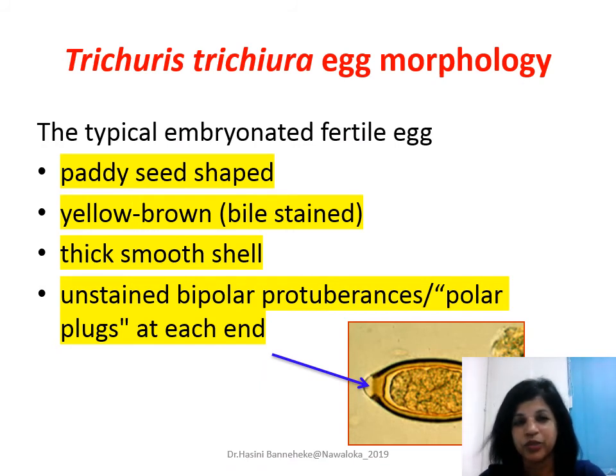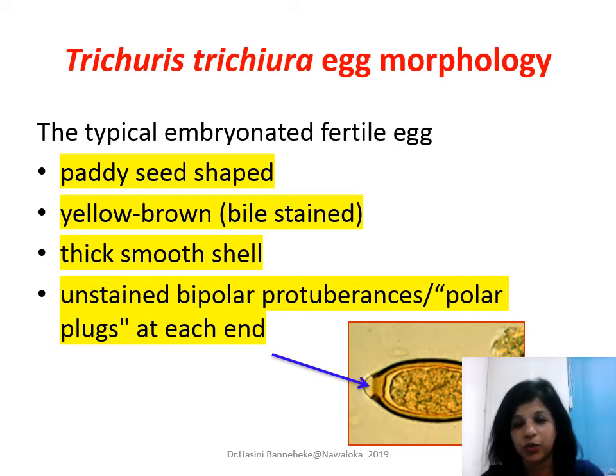So what I showed you was Trichuris trichiura egg, and you could see the paddy seed shaped egg, which was yellow brown because it's bile stained, and it has a thick wall. You could see that the wall is smooth. There are no protuberances or mammillated kind of appearance.